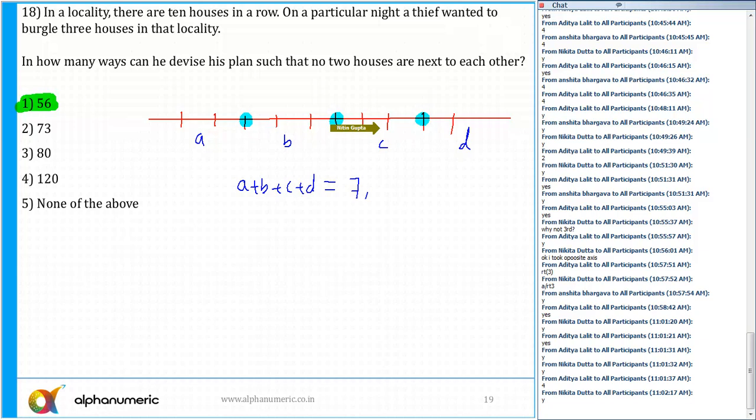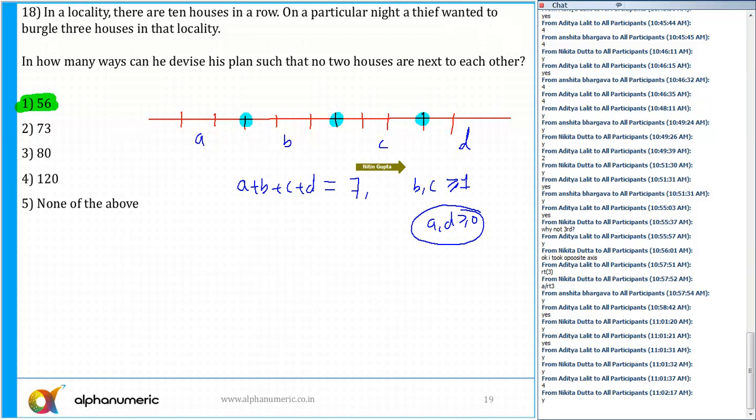So B and C have to be greater than or equal to 1, whereas A and D have to be greater than or equal to 0. Because if the last house at which the thief burgles is this one, then in this range there is no house, so D can be 0. A can be 0 when he burgles the first house.